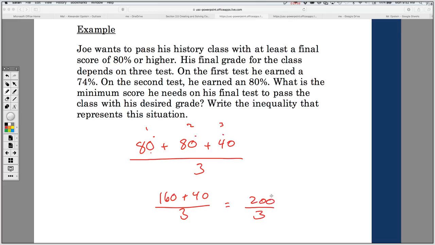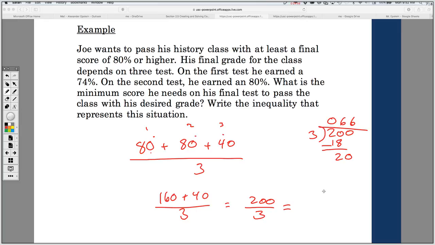So we do our in and out. 3 goes into 2, 0 times. 3 goes into 20, 6 times. That's 18 minus 2. Bring the 0 down. 6, right? So this is going to be what? 66%.